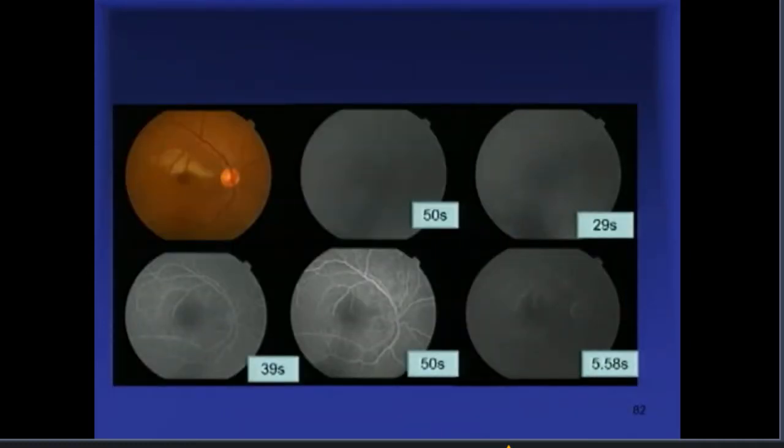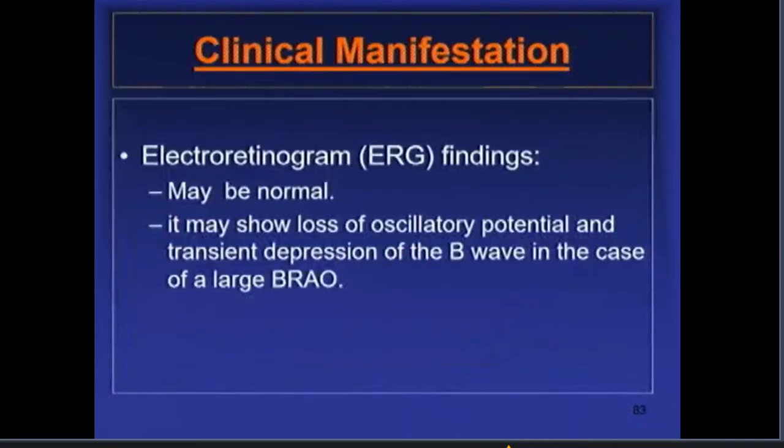This is the sequence of a patient with branch retinal artery occlusion, and as you see in this area, we still don't have any blood flow, with a delay at 5 seconds, at 20 seconds still not appearing, and then at 50 seconds we start to have an area of hypofluorescence surrounded by low grade hyperfluorescence. In the ERG, we might have normal findings as the affected retina mass is very small, and it may show loss of oscillatory potentials and a transient decrease in the B wave.